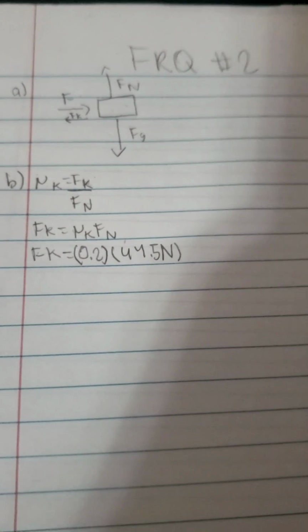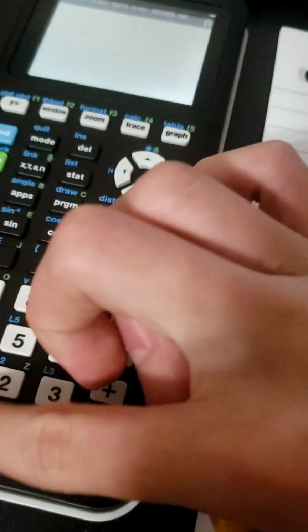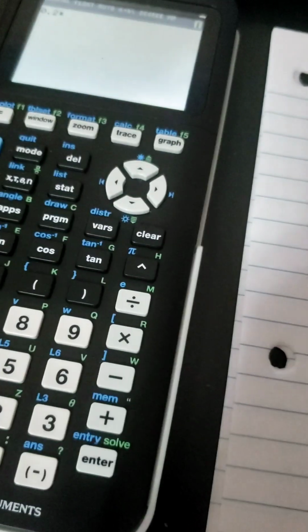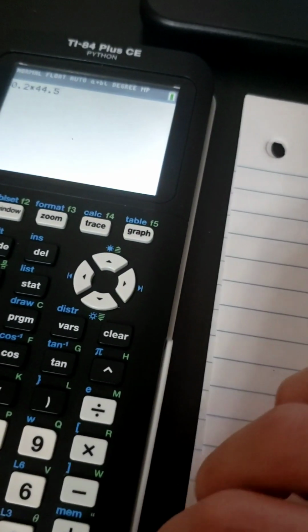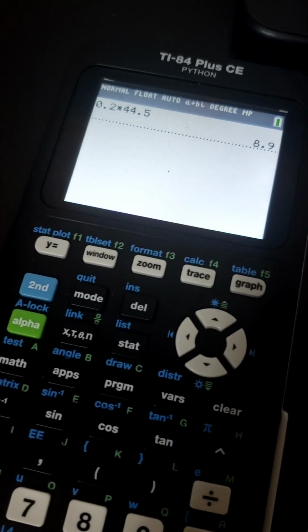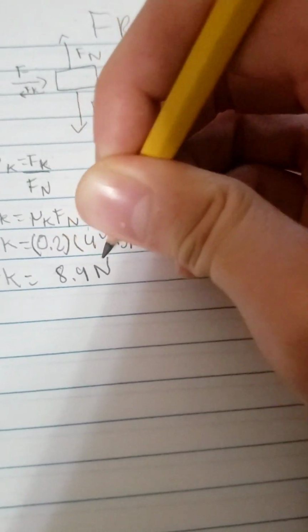So if we punch this in a calculator, 0.2 times 44.5 should give 8.9. So Fk equals 8.9 newtons, and that's not all.